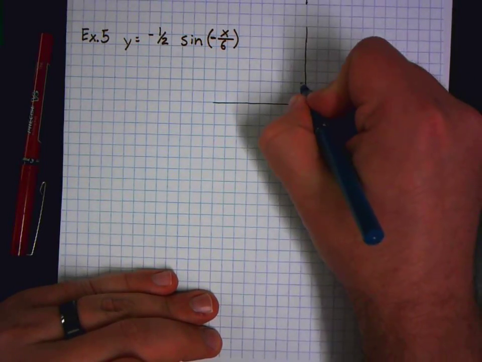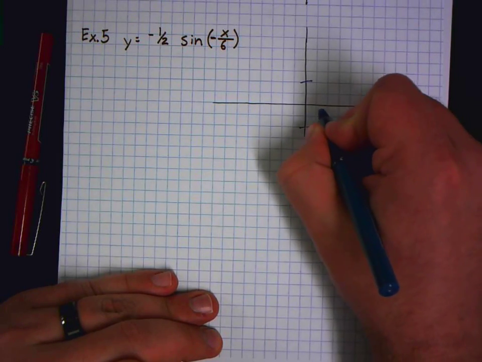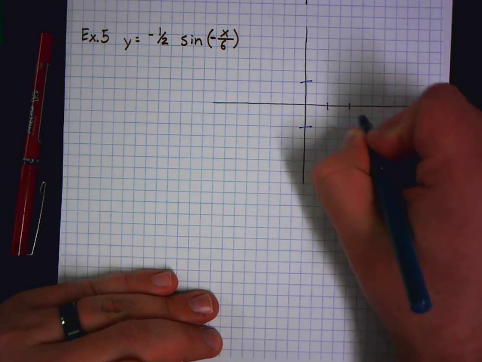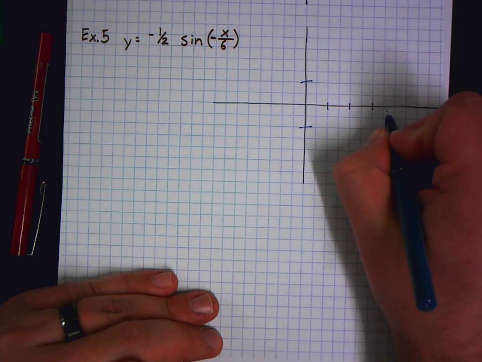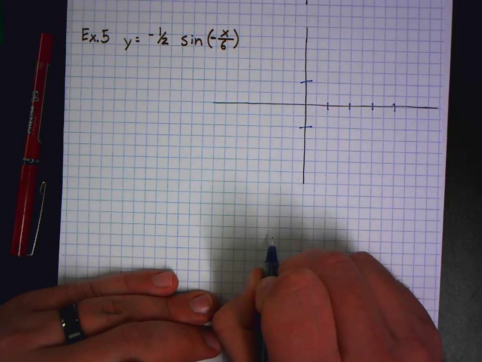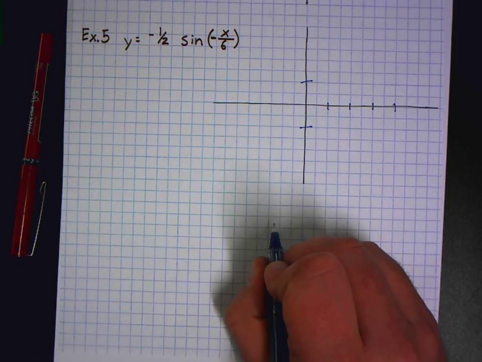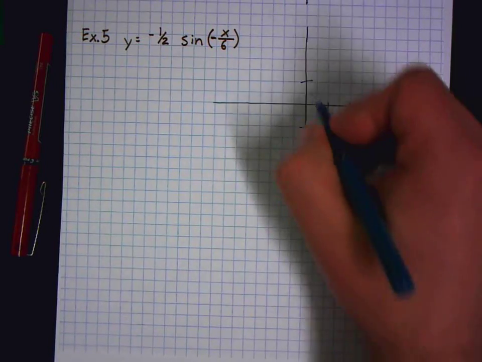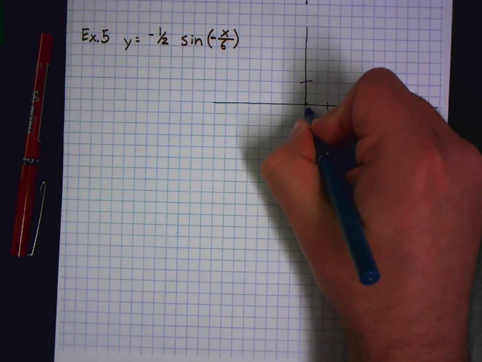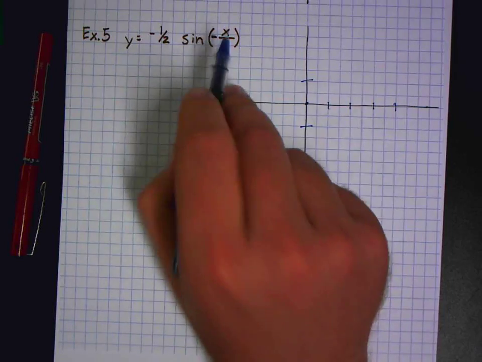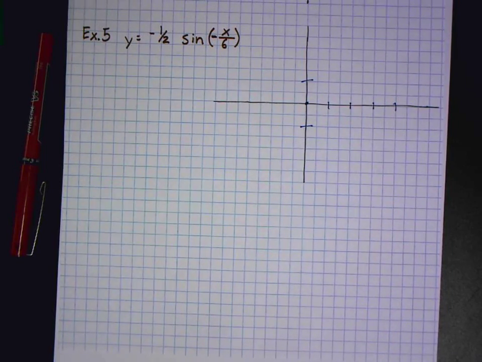Okay, I'm not going to put any labels on it. I know sine starts at 0, but I'm looking at these negatives. These negatives are going to change things. First of all, it's going to go down.